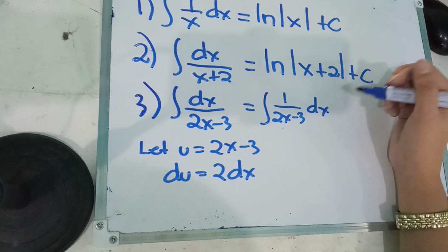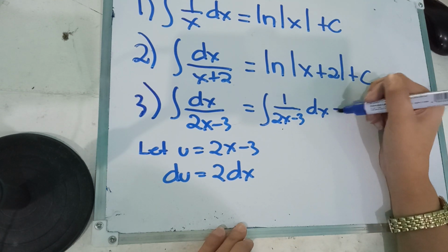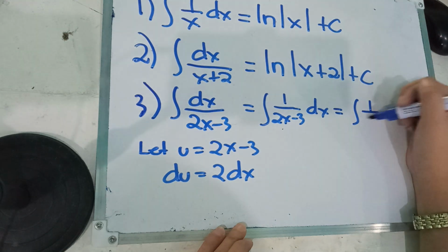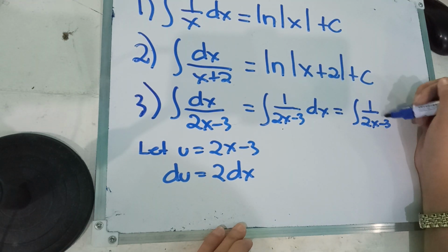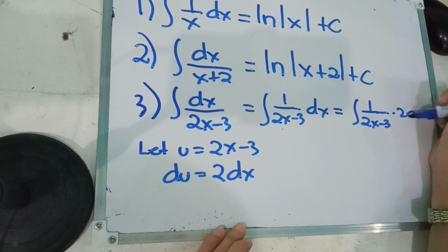So we can transform this one just like what I taught you last time. We can rewrite that as the integral of 1 over 2x minus 3 times 2 dx.